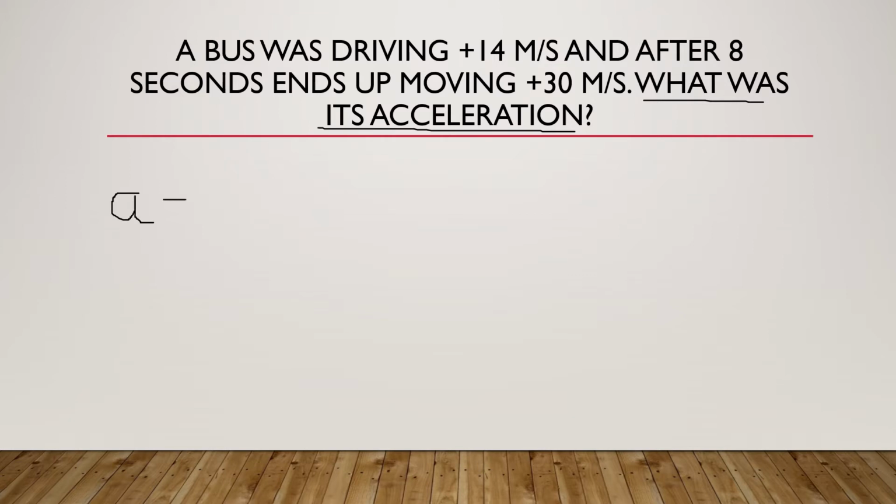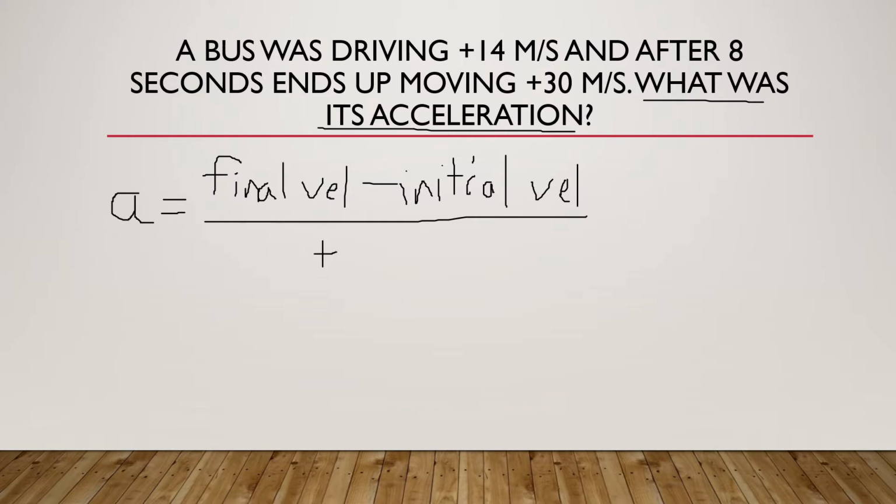And that's a equals final velocity minus initial velocity divided by the time. Acceleration equals final velocity minus initial velocity divided by the time. That's what we're using here. So if you ever see a question that says, what was its acceleration, or what is the acceleration? This is the equation we're using. This is our only equation for acceleration as of right now, and this is the one we will use.